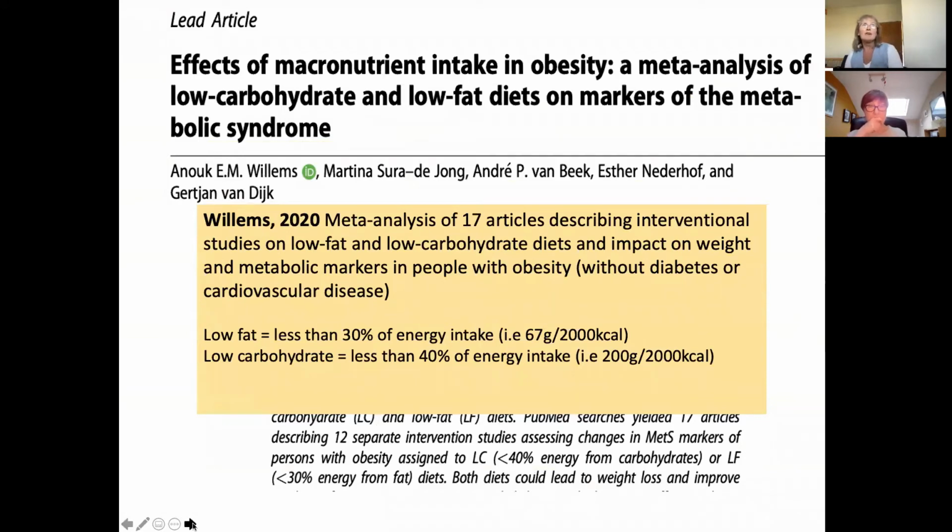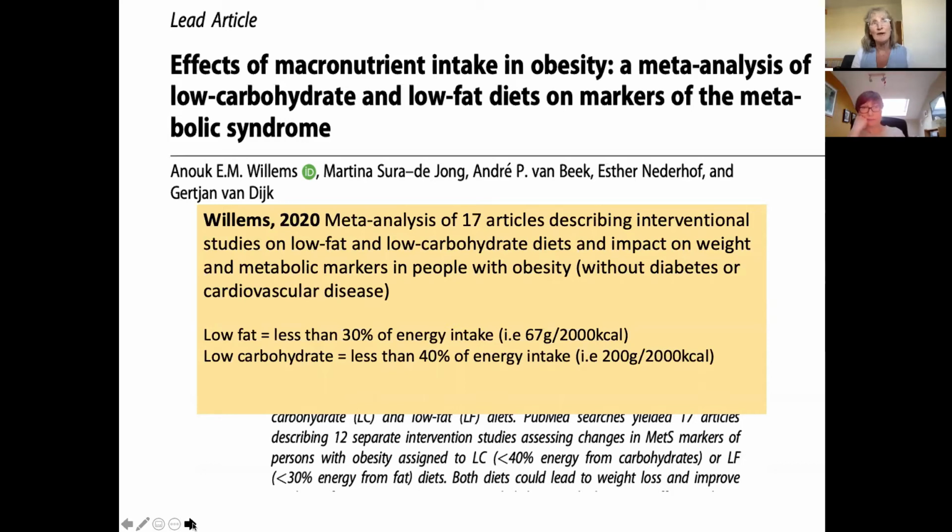So, first of all, talking about what we eat, there was a big, what we call meta-analysis undertaken, where this study group last year looked at a whole series of different pieces of research. They looked at 17 pieces of research, and they looked to see what was the most helpful for weight loss.